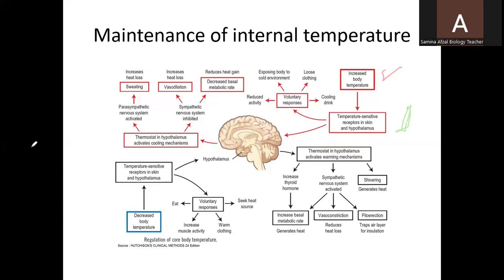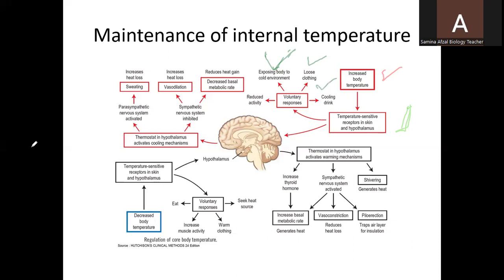Exposing body to cold environment, we will sit at a place where the environmental temperature is less than other places, as we can sit in the AC or under the fan. Loose clothing, we will make use of our clothes. And cooling drink, we will make use of cold drinks or cold water, juices or other things as well.